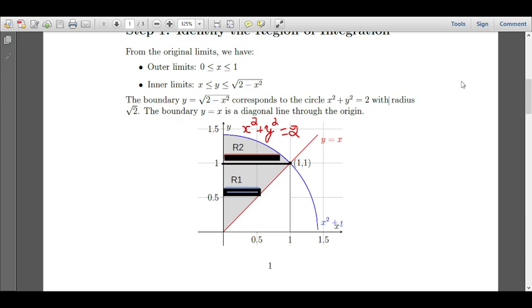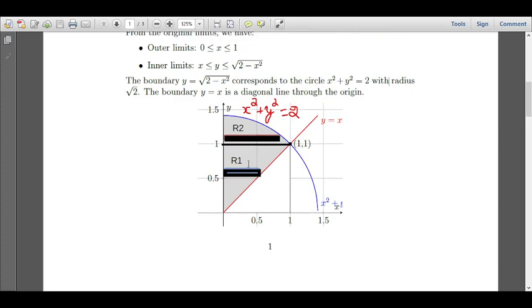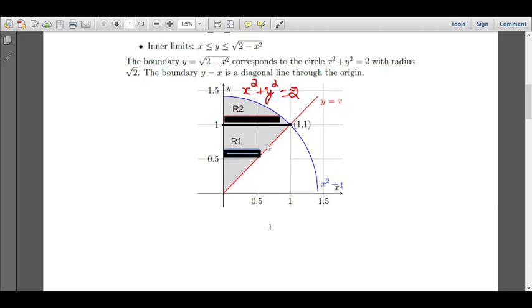So in each region we will find x and y limits. We are subdividing this region into 2 regions, R1 and R2, and we separately make an integral for R1 and another separate integral for R2. Now how to find the limits? Since dx dy, x limits are functions of y and y limits are constants.